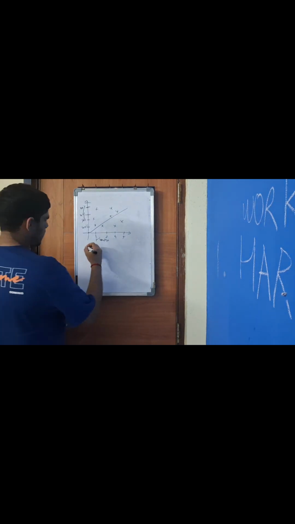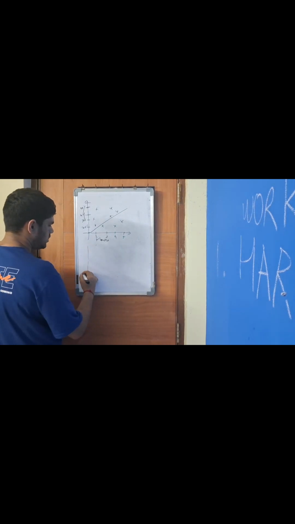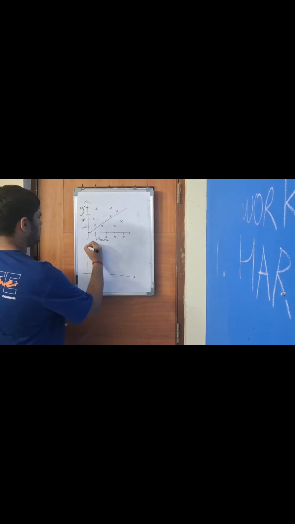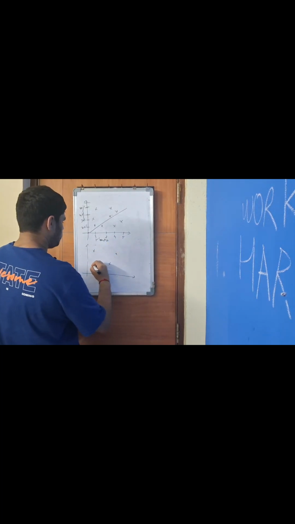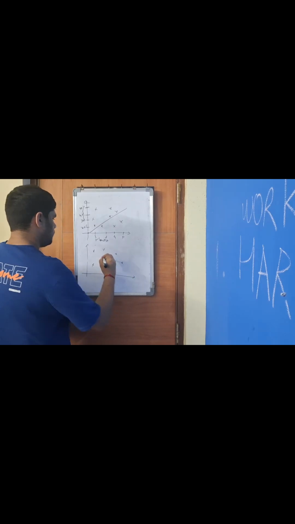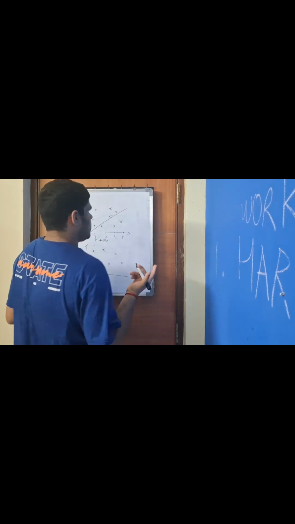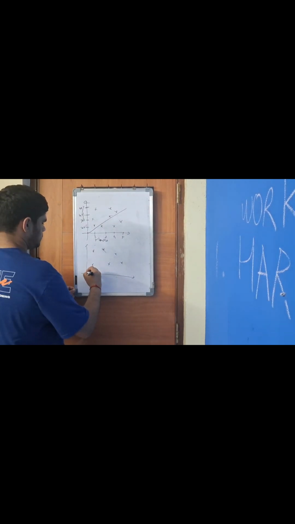On the other hand, let's say these are the training data points, which are the same. We get a curly kind of curve, something like this.